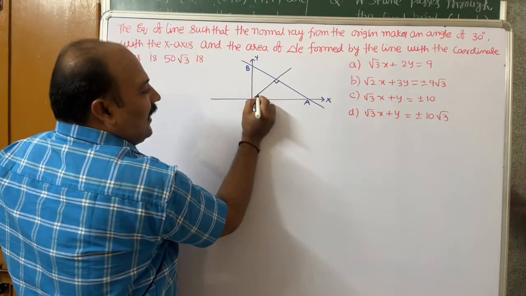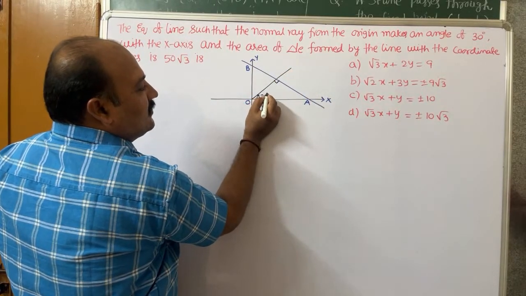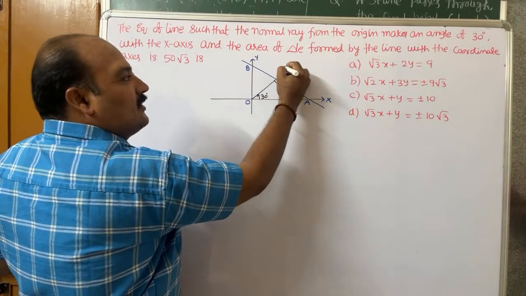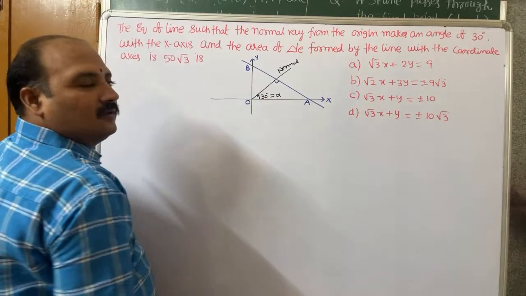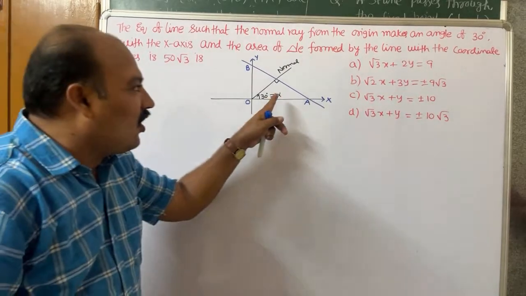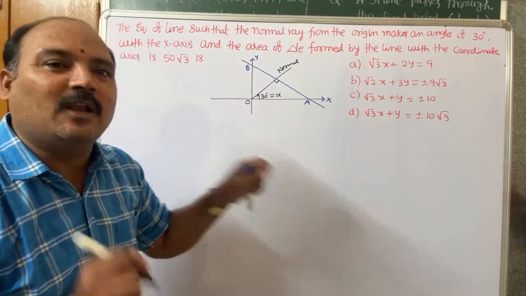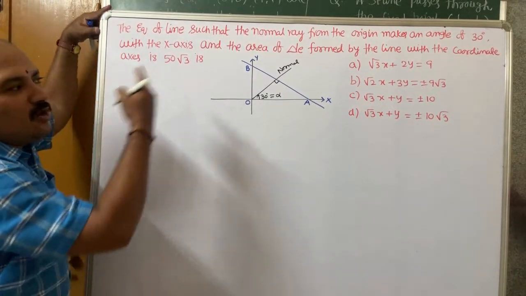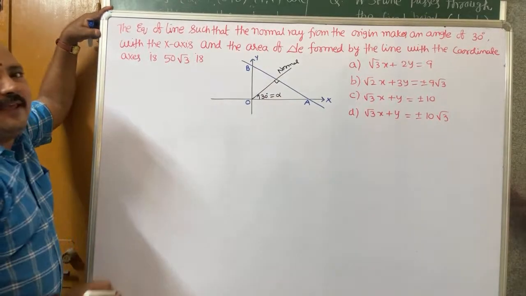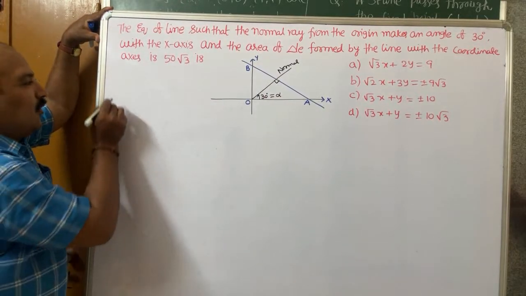It makes an angle 30 degrees. Normal ray means the angle is alpha, not theta. So whenever the alpha value is available, you can go for the equation of AB in the normal form.